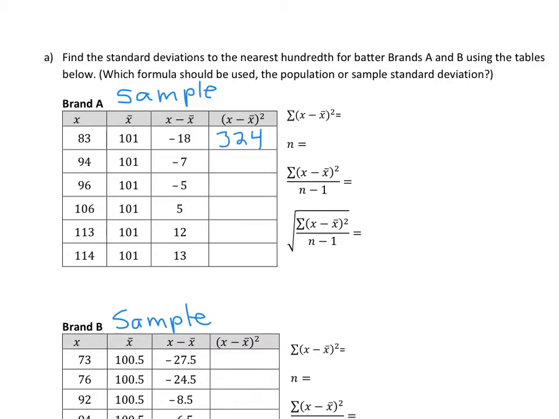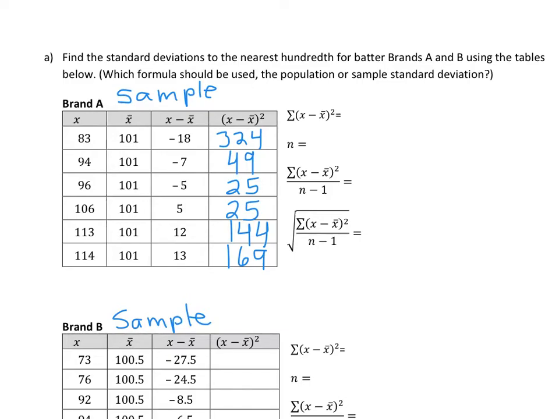Negative 7 squared is 49. Remember to put that in parentheses: parentheses, negative 7, close parentheses, and then square it. Negative 5 squared is 25. 5 squared is 25. 12 squared is 144. And 13 squared is 169.